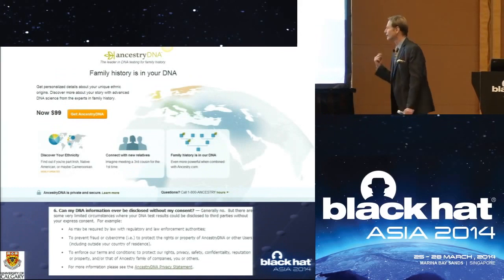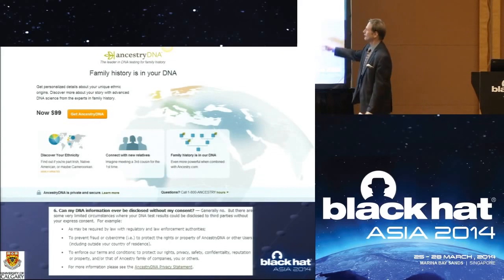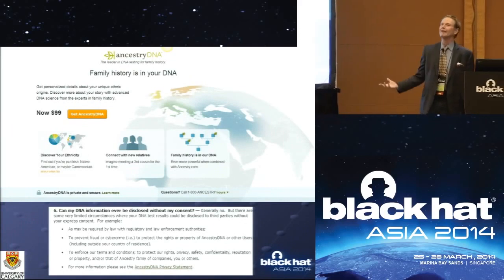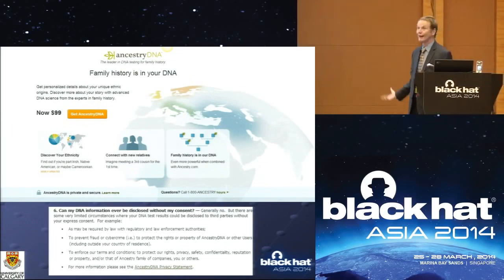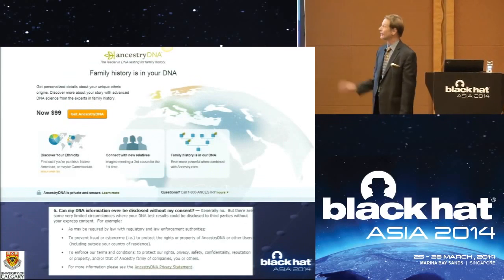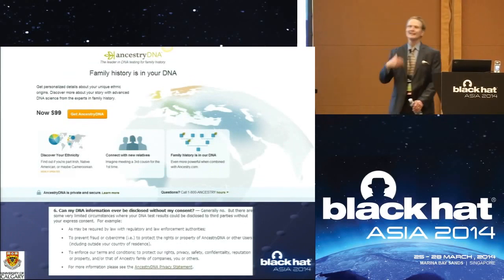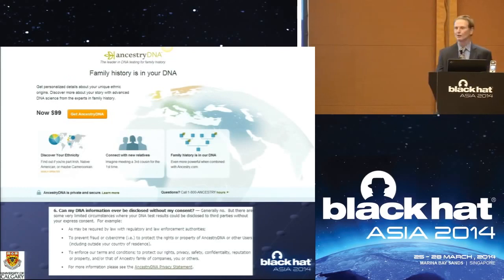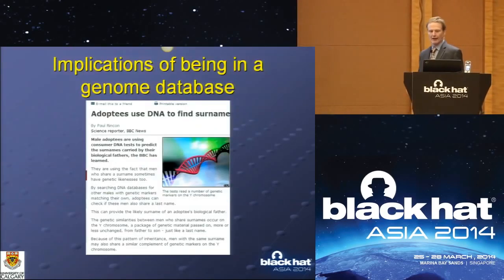Generally, no, but there are some limited circumstances required by law to prevent fraud or cybercrime, to enforce our rights. They give about 4 different reasons there why they might give out your DNA. So my advice to you, if you do want to have DNA testing done, doesn't really work with them, send it in the name of your dog or your cat or something like that, right? So your dog will have a DNA profile.